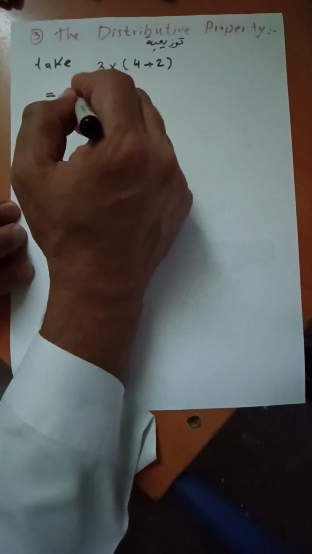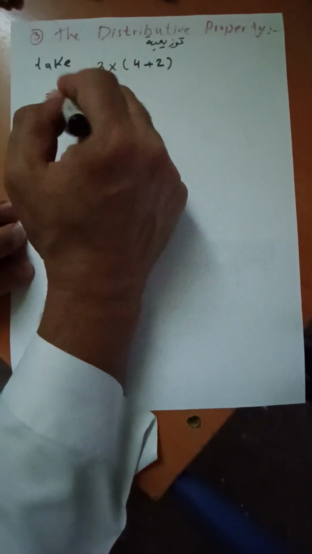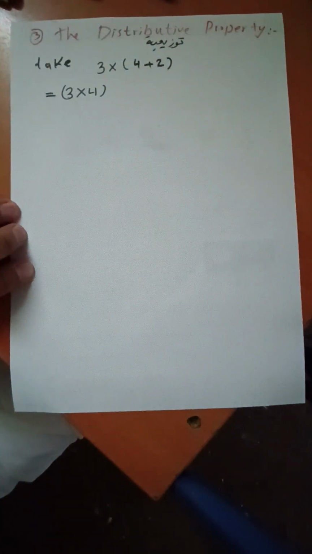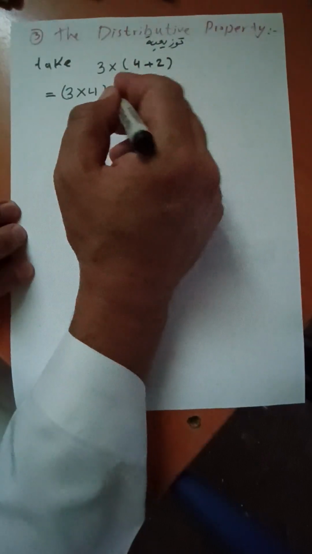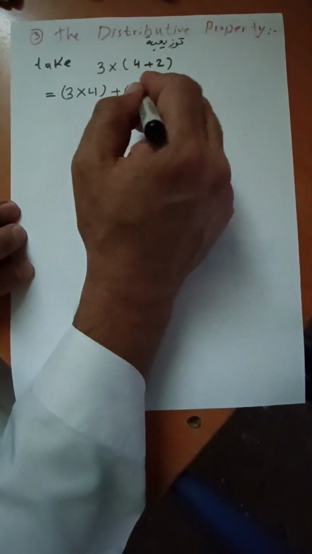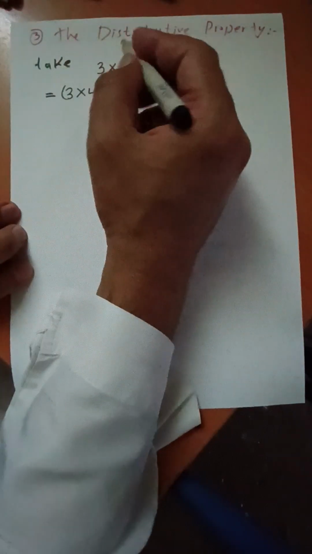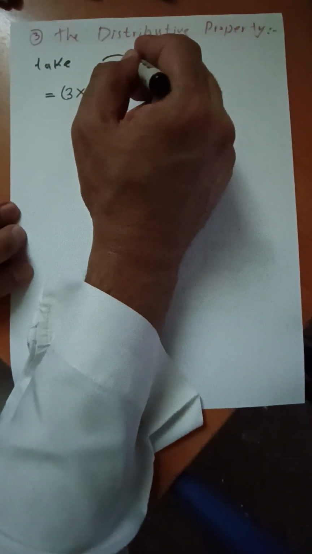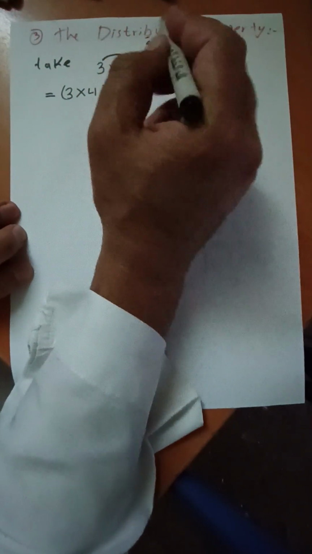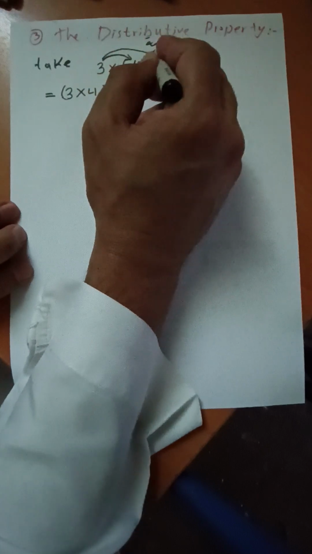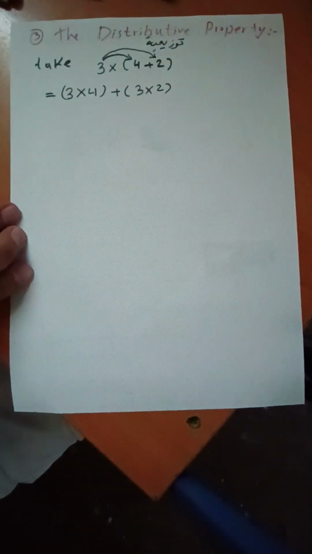Now it equals 3 multiplied with 4, added to 3 multiplied by 2. Okay? I mean the first times the first, the first times the second. You got it, honey students?